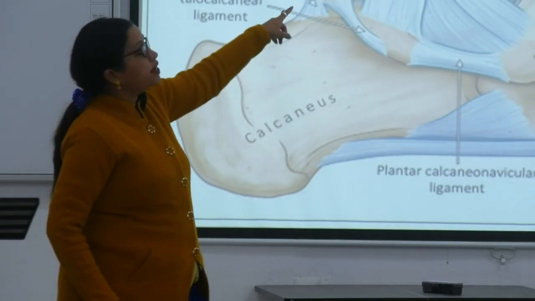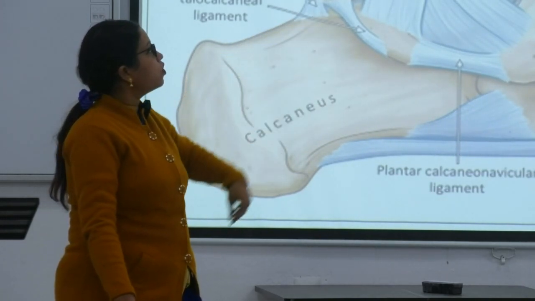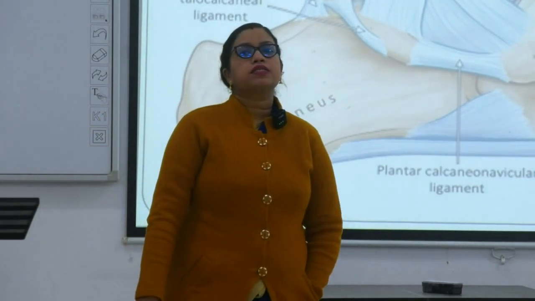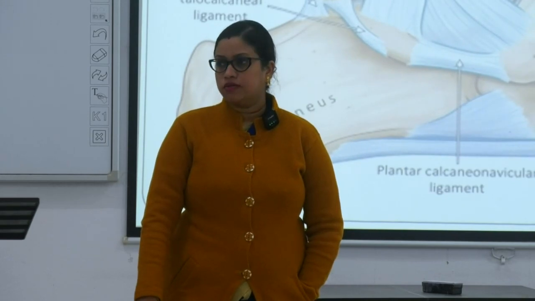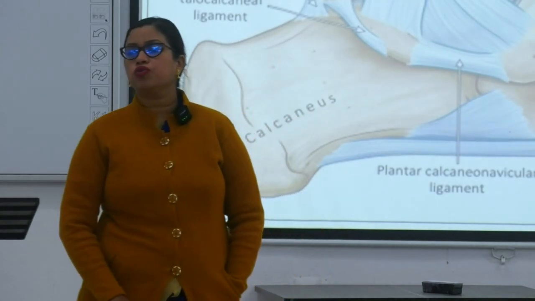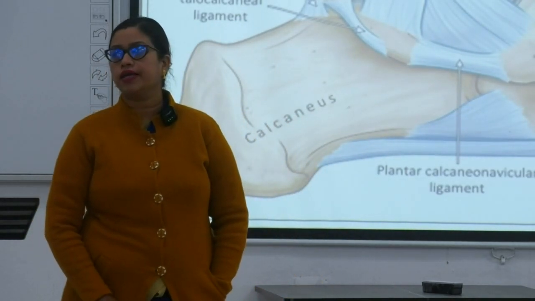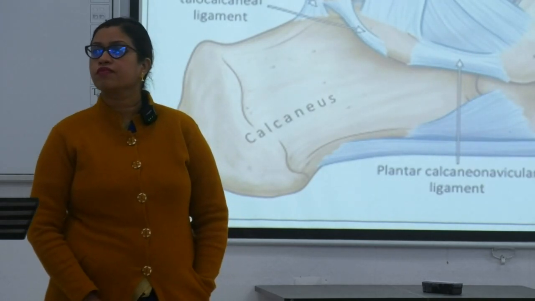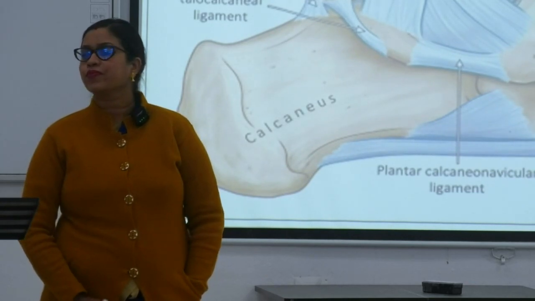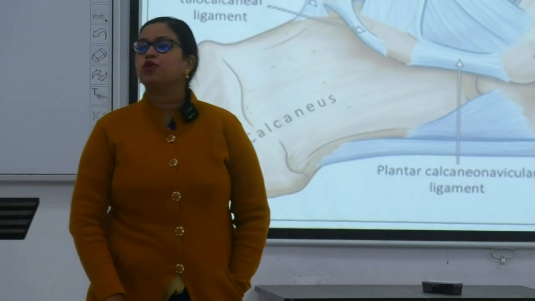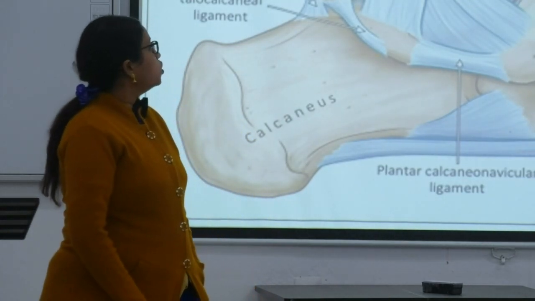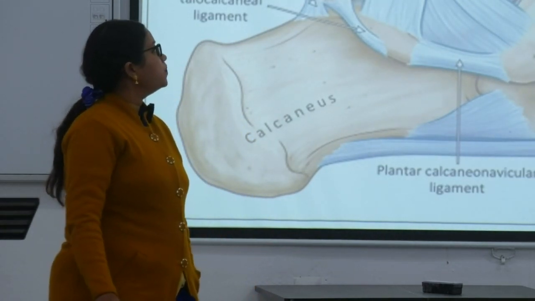So see, they have written, just write it down, which are the part of deltoid ligament. Deltoid ligament is also known as medial collateral ligament. Okay, so which are the part, ki part ache?